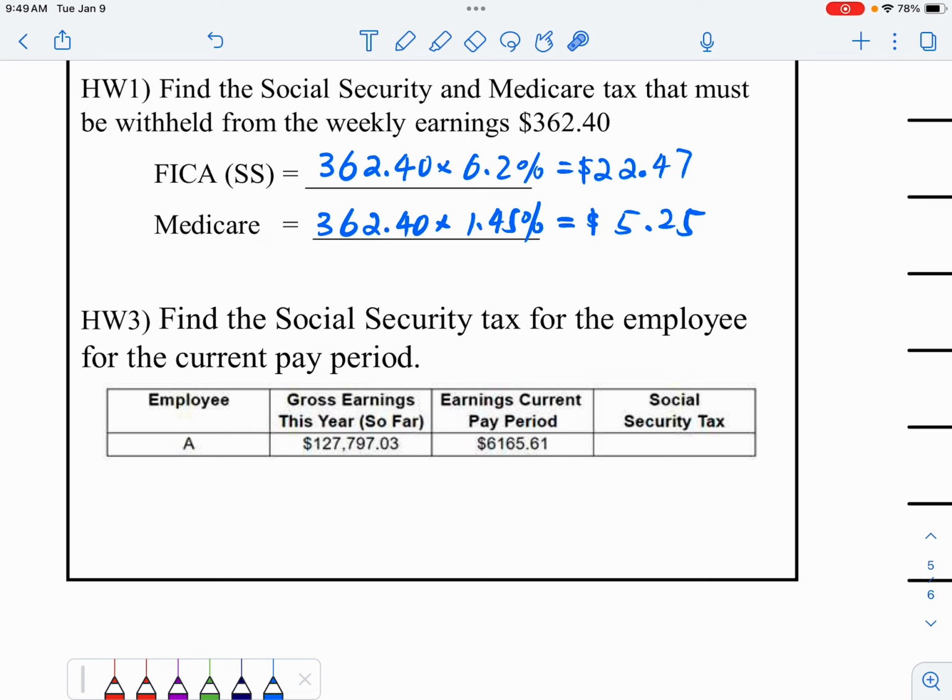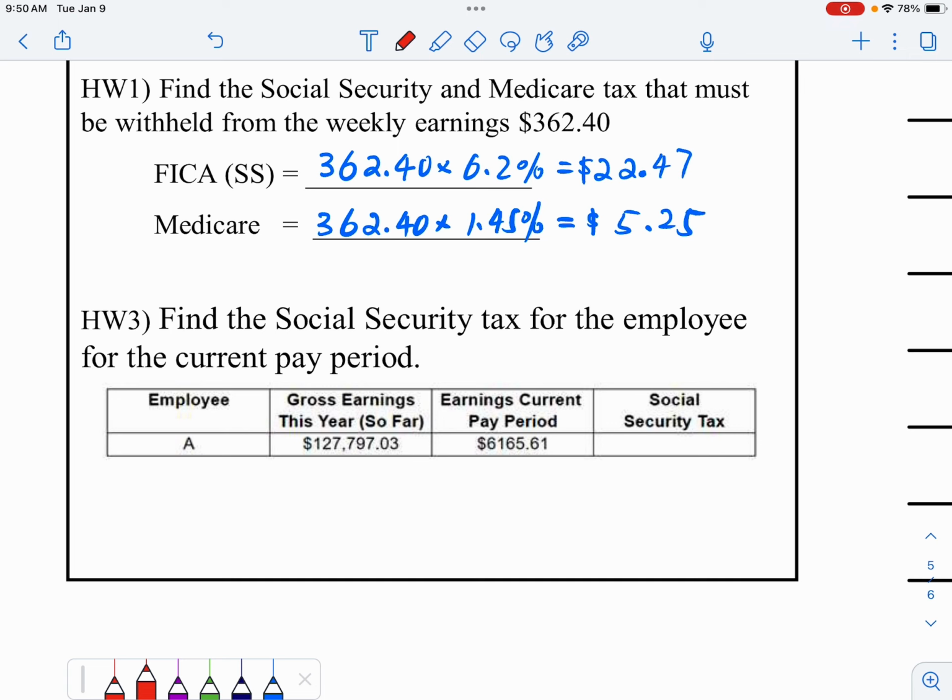In this case, the gross earnings so far this year is $127,797.03, and the current pay period will be $6,165.61.